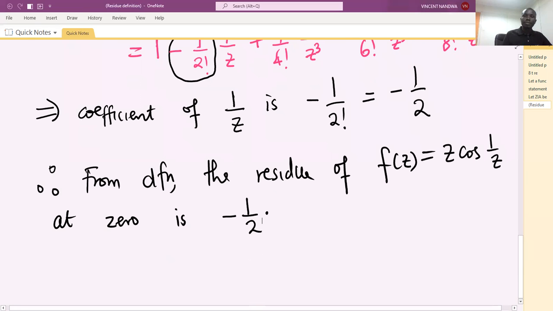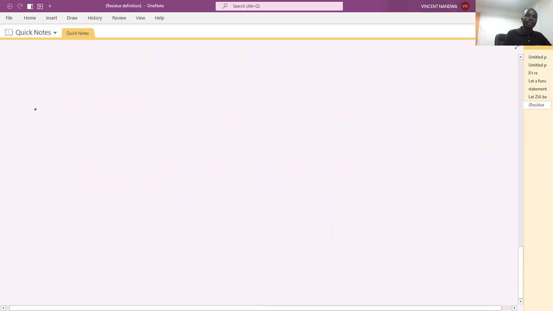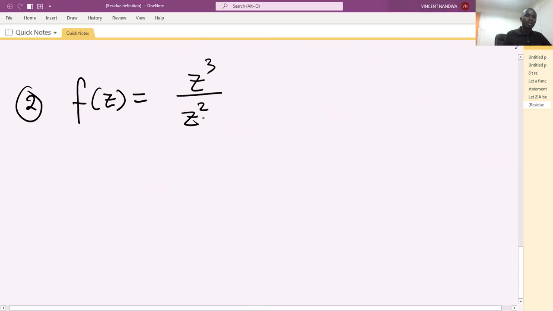And then question 2: we had f(z) given by z³/(z² − 1), and you are interested in finding the residue of the function at infinity.